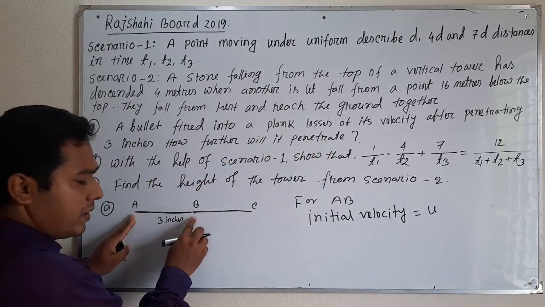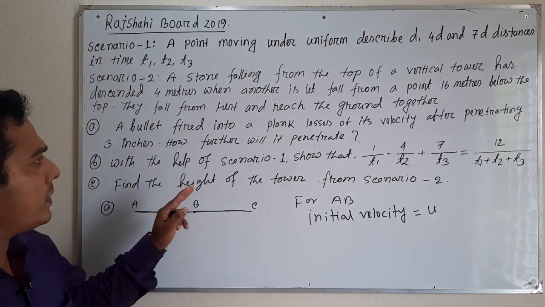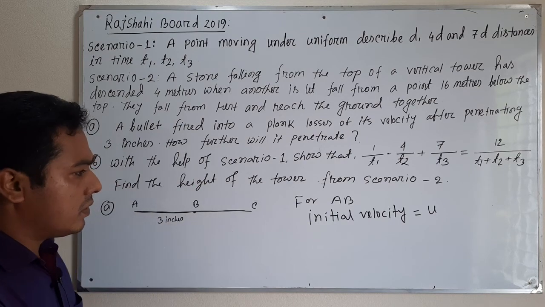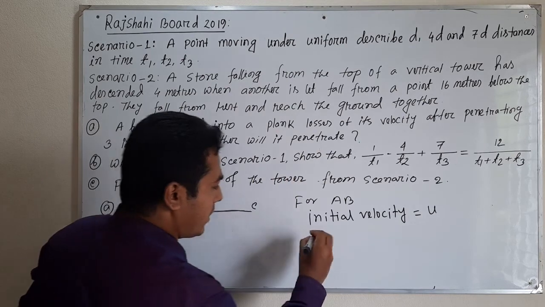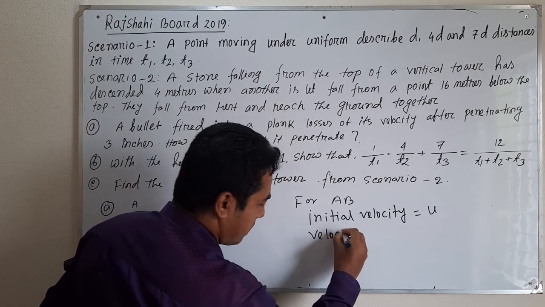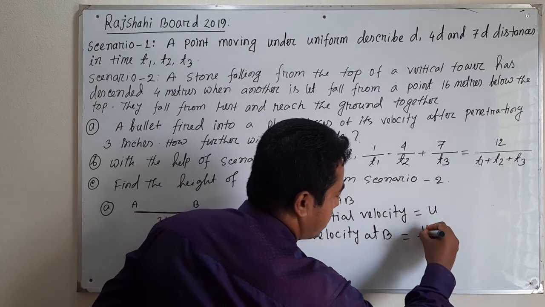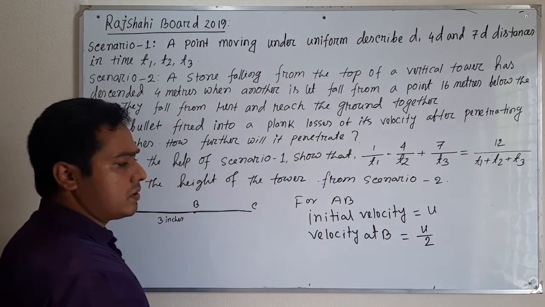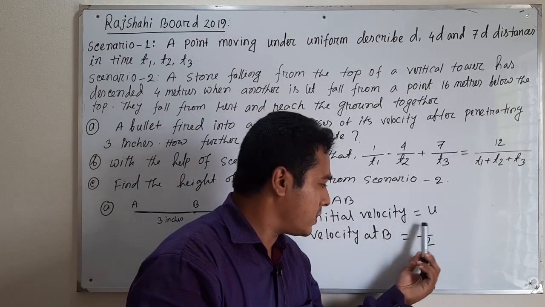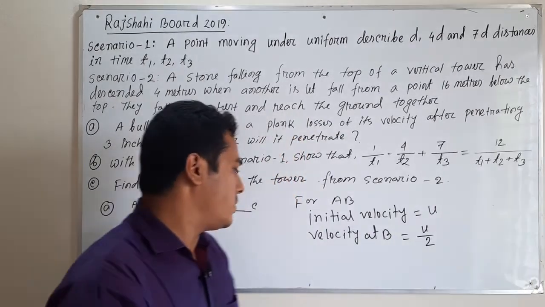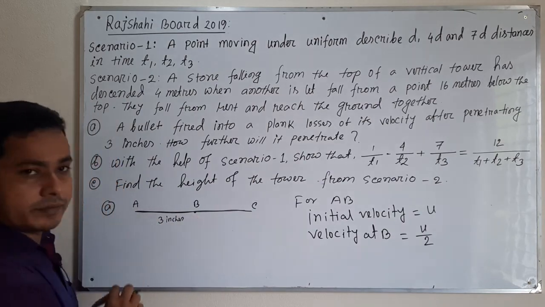After 3 inches it loses half of its velocity, so the velocity at point B is equal to u divided by 2. It will be the final velocity for AB.